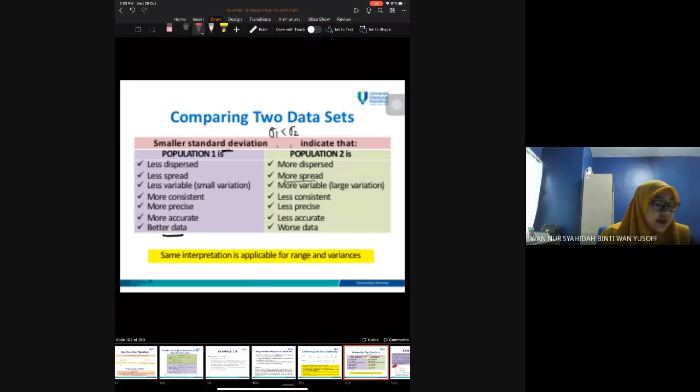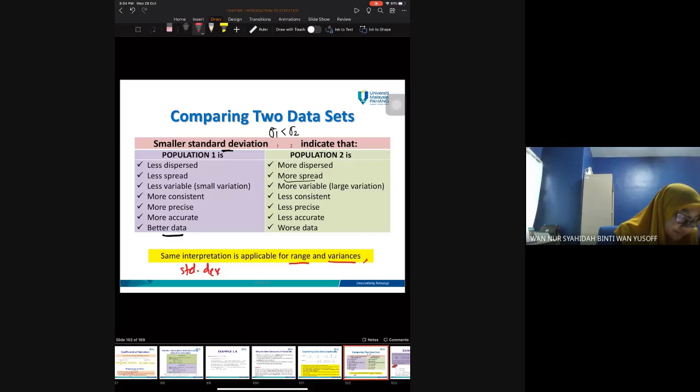How do we compare the range, the variance, the standard deviation, the CV, and another one? In measures of position, we do have quantiles. So based on quantiles, we can also measure the variation.